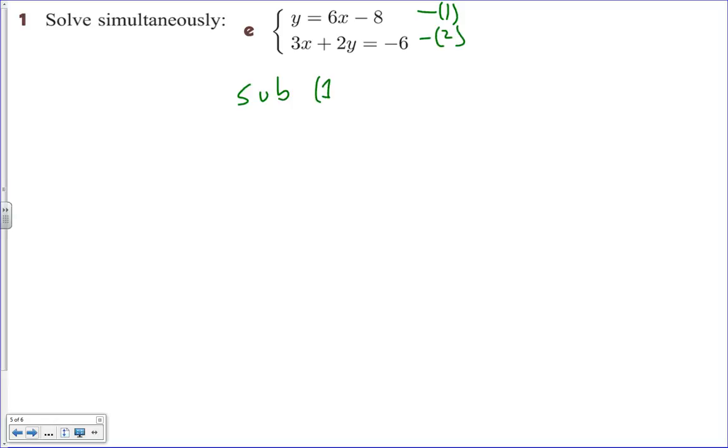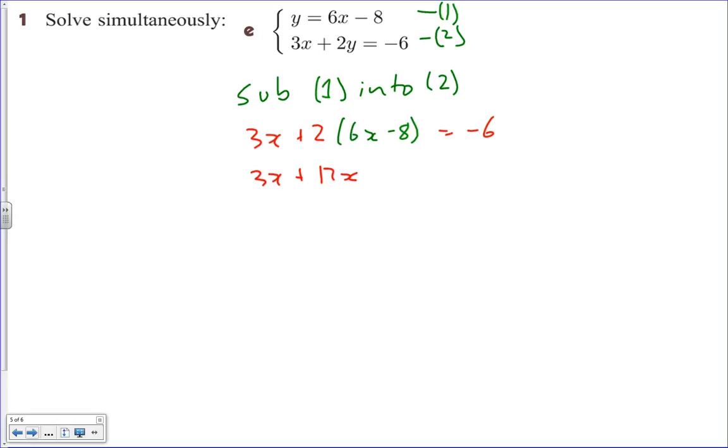sub 1 into 2. So we've got 3x plus 2, 6x take 8, equals negative 6. So we've got 3x plus 2 6 to 12, x take 2 8s 16 equals negative 6.